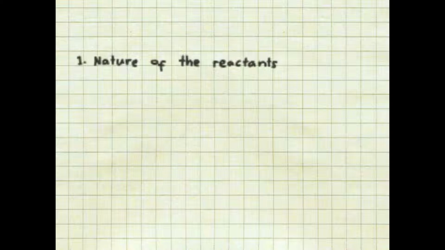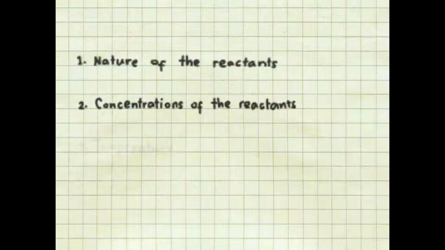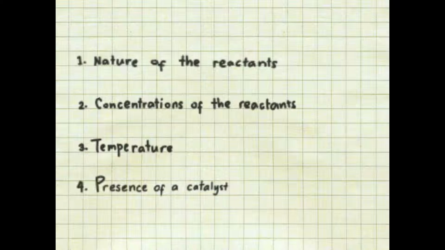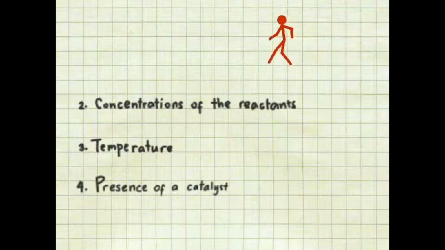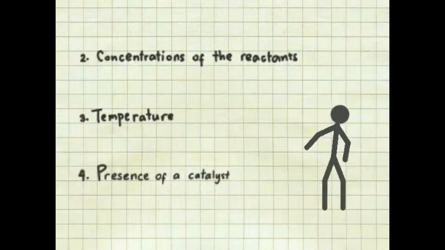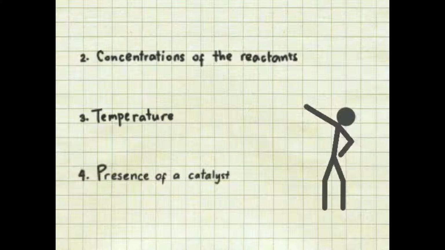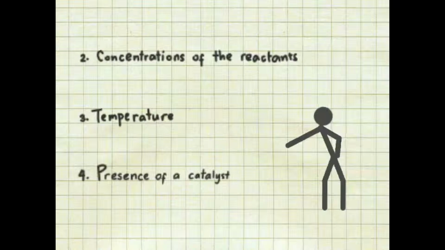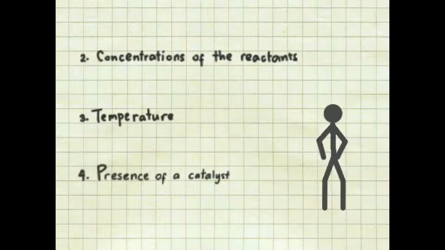One is the nature of the reactants, two, the concentration of the reactants, three, the temperature, and four, the presence of a catalyst. For this video, we will only be talking about the concentration, temperature, and the addition of a catalyst, because you can apply all three of those to most reactions, whereas the nature of reactants can't really be generalized for most of the reactions that happen.